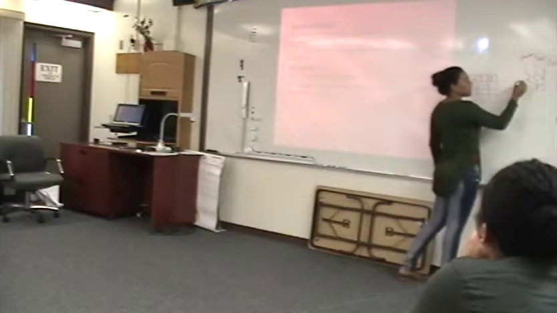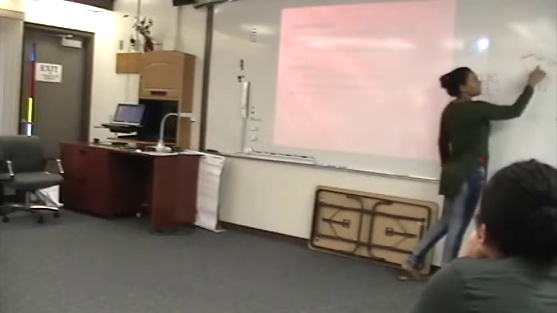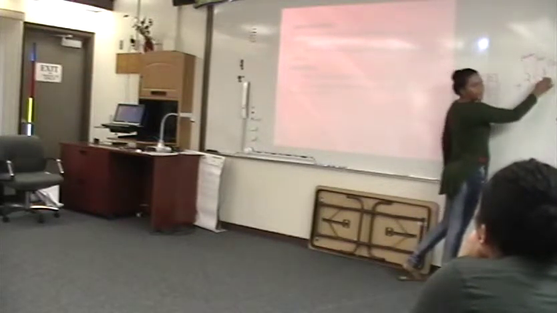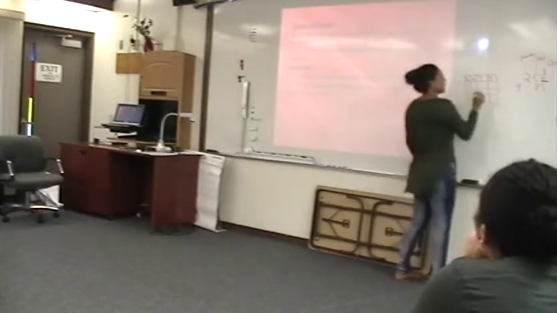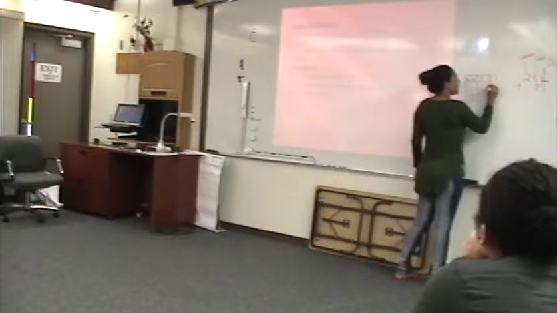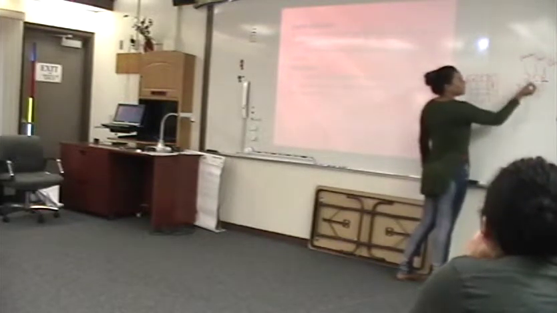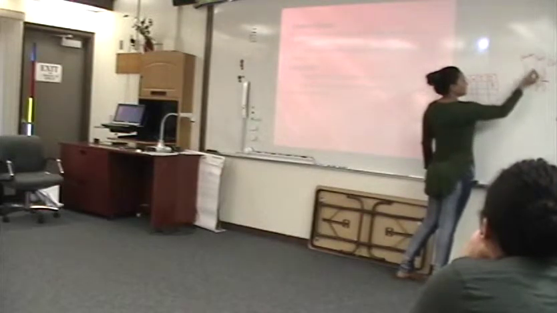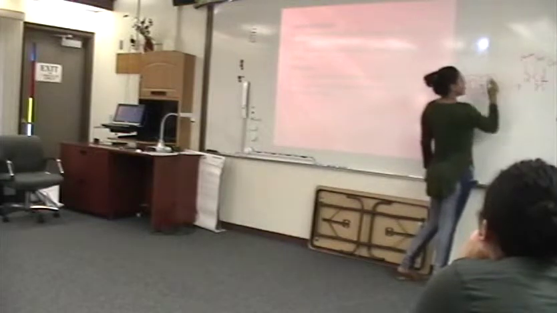So instead of starting from the first number, we start from the last digit, which is 8. So 8, we put 8 under ones because we know that 8 is ones, and then 5 under tens, and then 2 under hundreds.